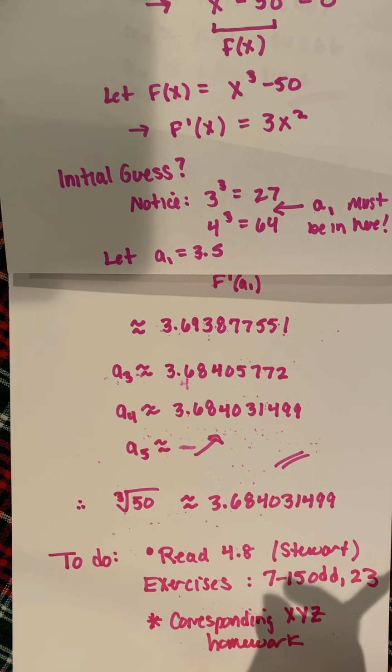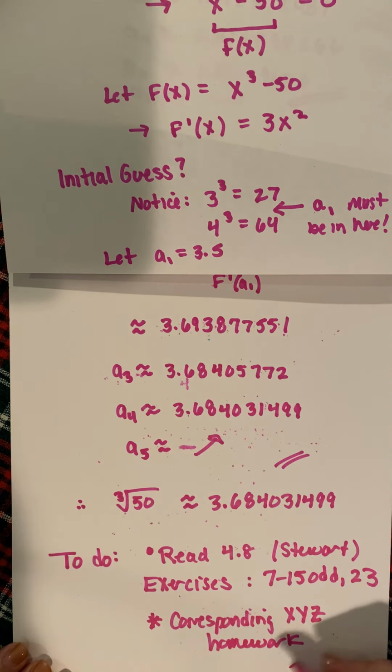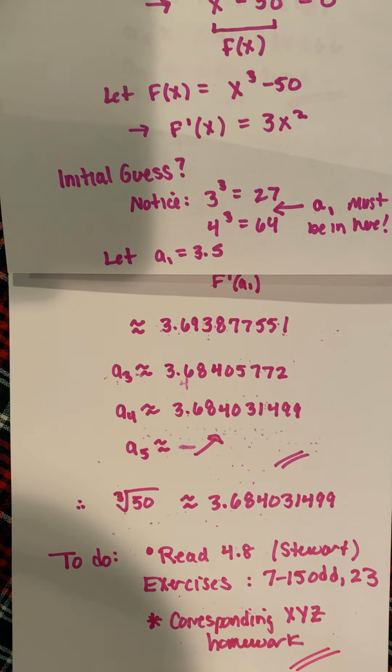So you need to check your, let's see, do I have it here? Newton's method, 4.9. I think this might be the same section. Not 100% sure, but check on Blackboard because I give you that little grid that matches this up. Is this 4.8?